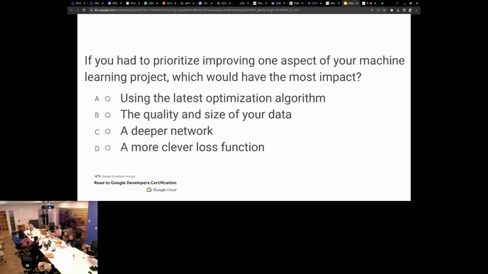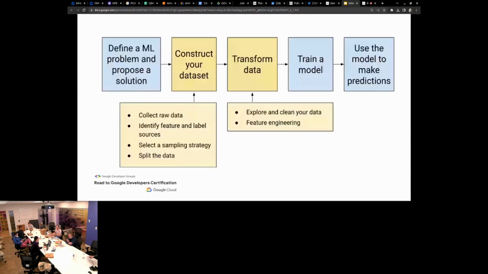So if you make this deep network and you do not have enough data, so many of them are loose ends and they are not going to come to your benefit. And the last one, which if it was me answering this question, I would be between B and D, is a clever loss function. I want to put a disclaimer here that it actually comes to your benefit if you work with it, but it never comes even close to having good quality data. Because if you have garbage in, it's garbage out.